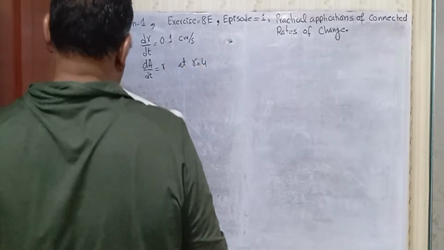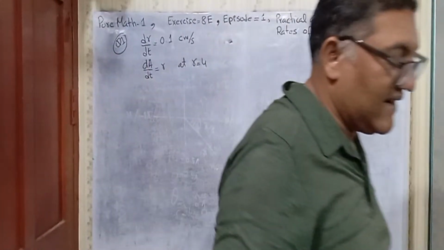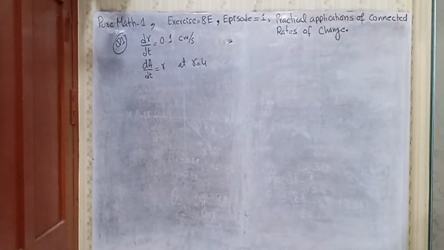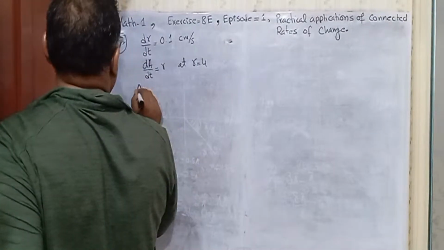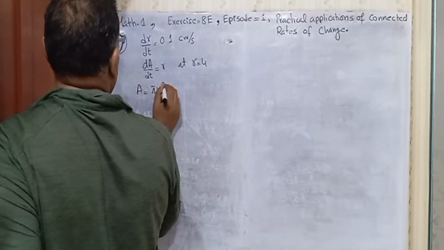So they are talking about a circle that has a radius of r centimeter and an area of A. You know the formula which relates the area of a circle and the radius. The formula is very simple: A equals pi r square.